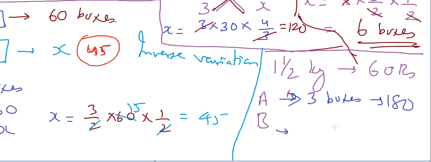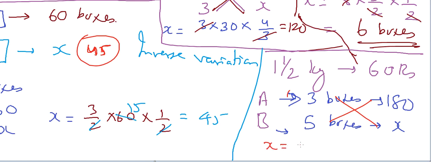B picks up 5 boxes. So how much does B have to pay? Same here, more number of boxes will cost more. So it's a direct variation. Correct, so therefore cross multiplication.